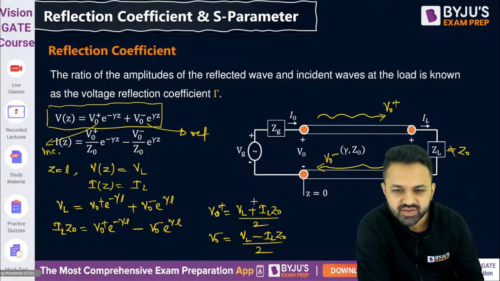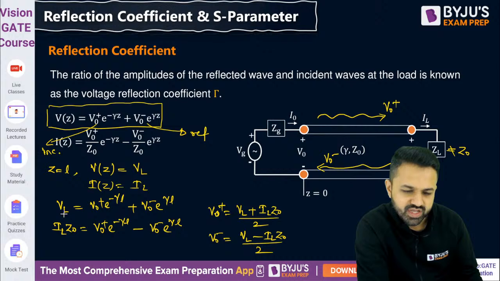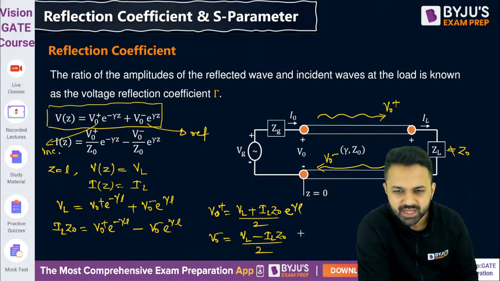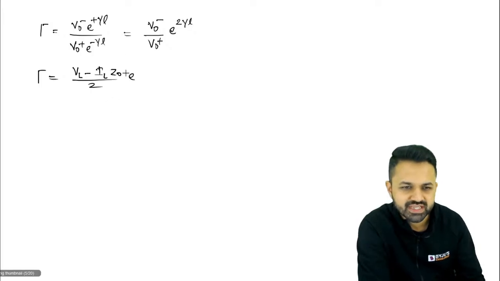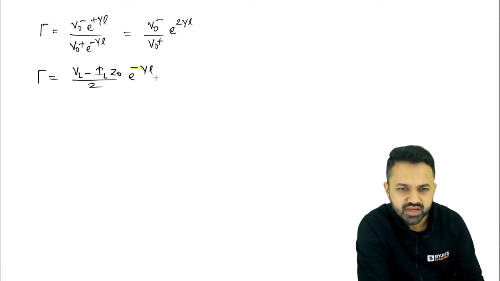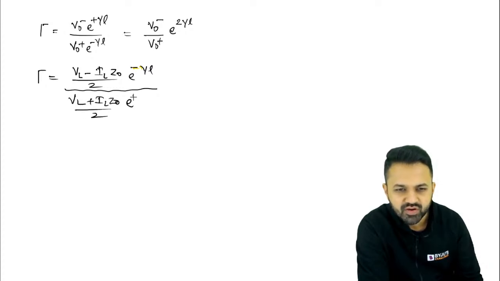When you add, there is one more term that comes: it will be e to the power plus gamma L, and when you subtract, it will be e to the power minus gamma L. So V naught minus will have e to the power minus gamma L, divided by (VL plus IL into Z naught) divided by 2 e to the power plus gamma L, and here we have a 2 gamma L.